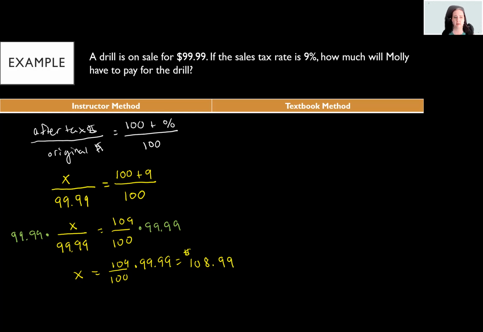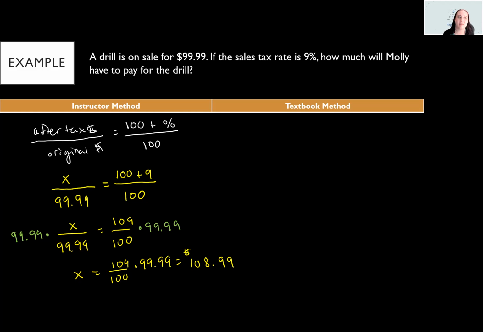And then you get this answer and you want to say, okay, does this make sense? Our original price was about $100. And if the sales tax rate was 9%, that's close to 10%. 10% would be moving the decimal place, so it'd be about $10. And so it looks like we added about $10 to the price.